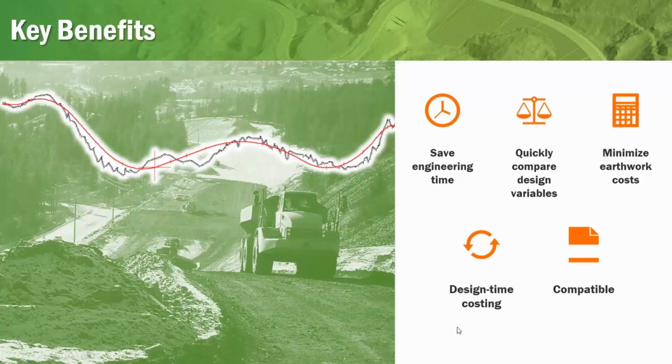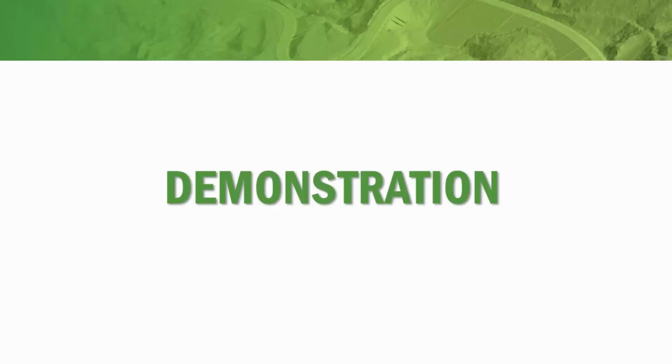It's going to allow you to iterate through various options quicker than if you didn't have the optimizer. The input is compatible, so you can work with other software in conjunction with Softree Optimal.